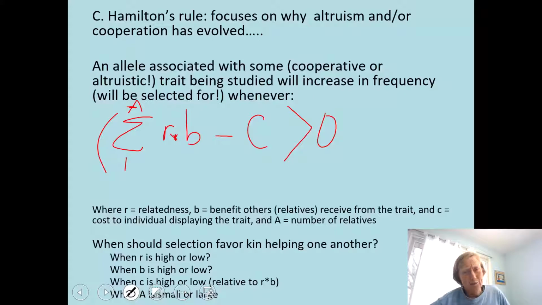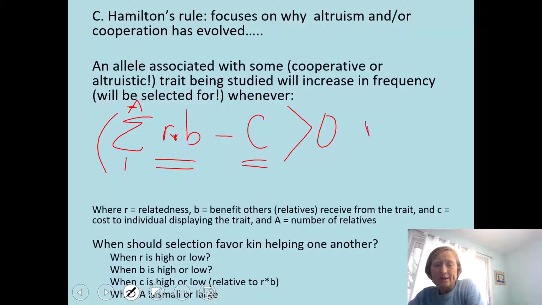So let's go back and think about this. Hamilton says that a cooperative behavior should evolve when the benefit to relatives for doing this behavior is greater than the cost to the individual doing it.